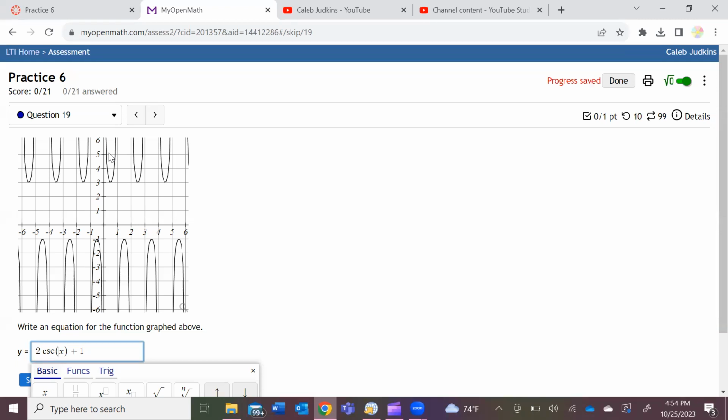Well, that happens by us looking at the period. So let me look at this graph and see how long it takes to repeat itself. Well, here, starting at 0, I am looking at this portion of the graph, this kind of asymptote. So 0 is where the graph starts, right?